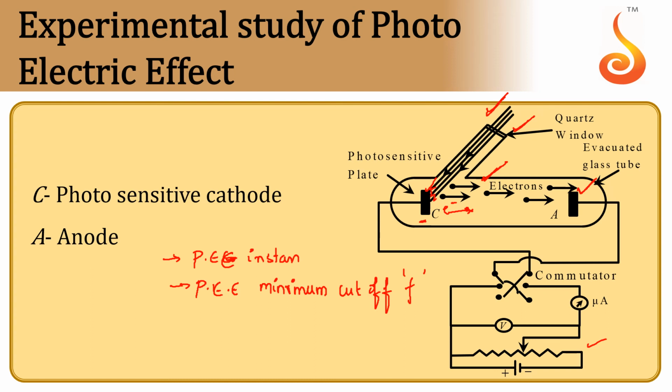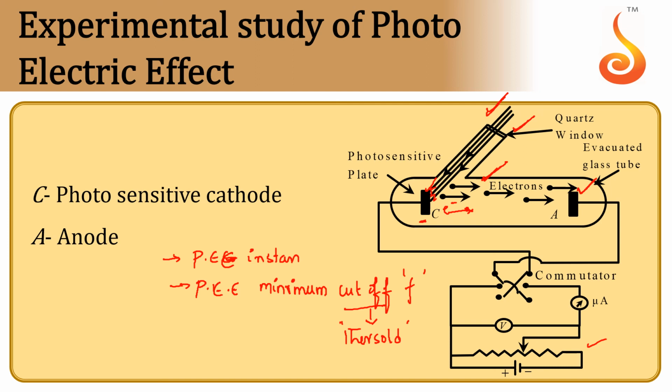They also call the cutoff frequency the threshold frequency. This threshold frequency is decided by the metal. Every metal has a different threshold frequency. Therefore, if we want to observe the photoelectric effect on different metals, then based on the metal, the frequency of the light should be at least equal to the threshold frequency or more. Then and only then can we observe the photoelectric effect in that metal.